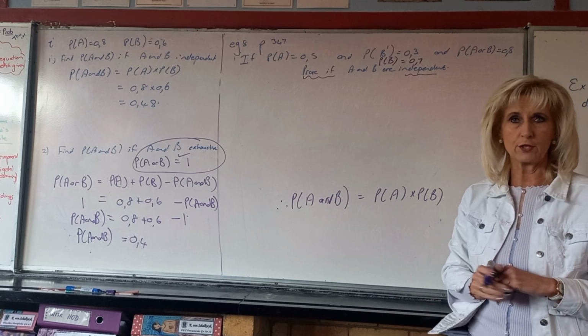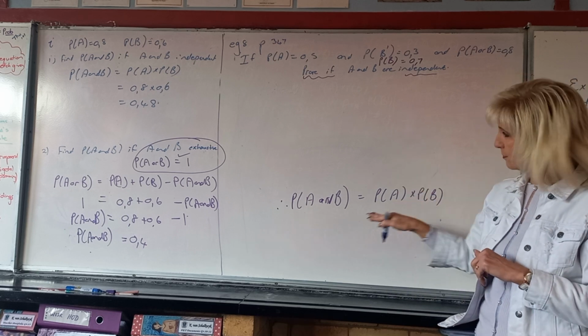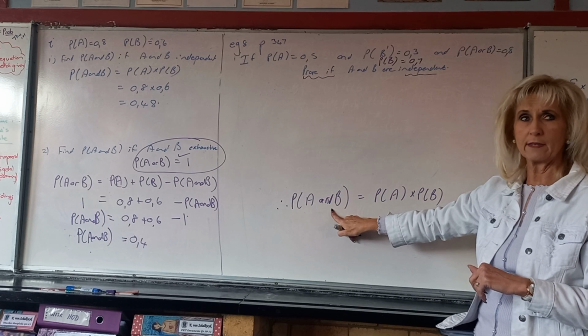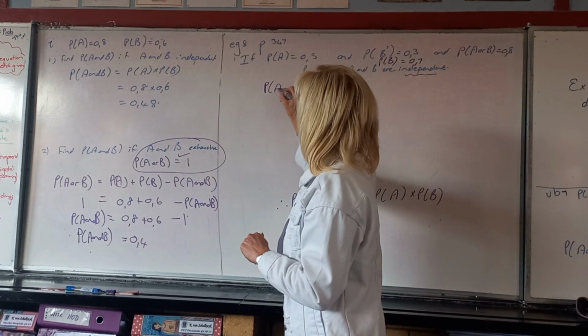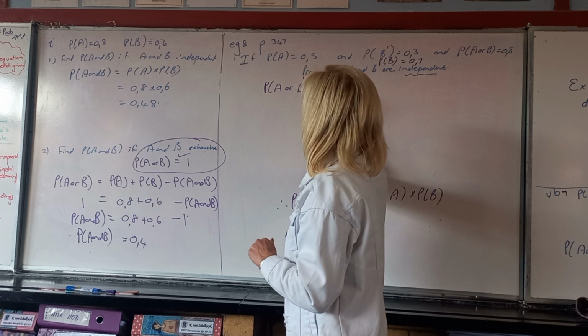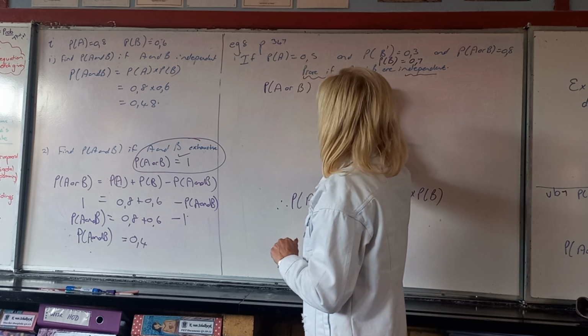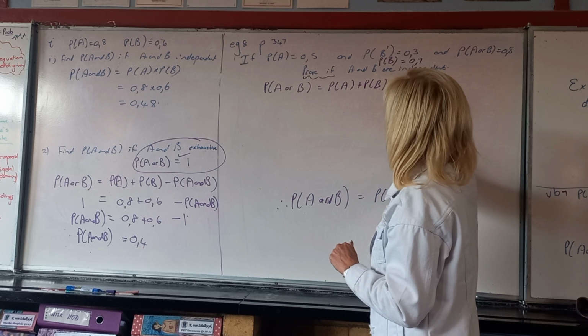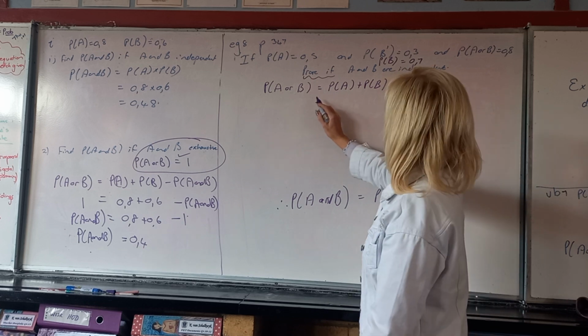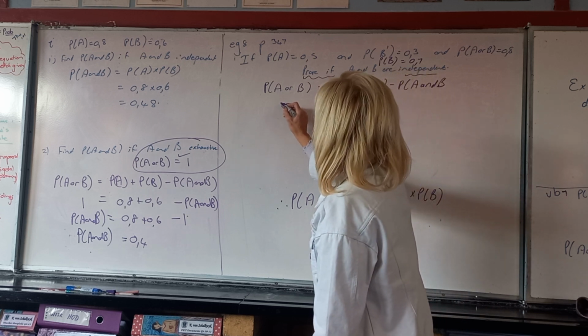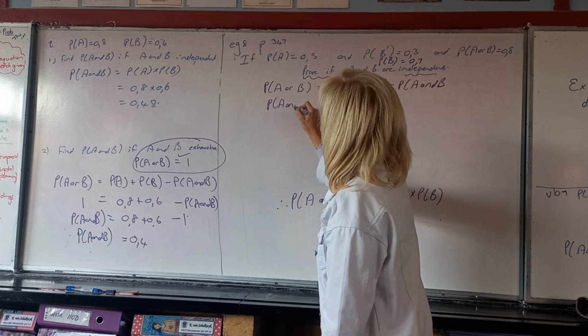Because if it's not, then they're not independent. Yes, ma'am. We'll talk about that just now. But fact is, I'm aiming for this and I don't have the AND. So how am I going to find the AND? Use the identity. I think you know it by now. Yes, ma'am. Okay, so to find the AND part, the OR part would be, or can I swap it this time? Yes.